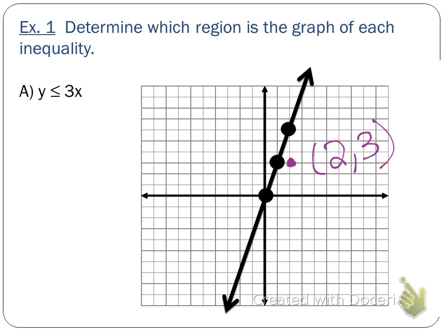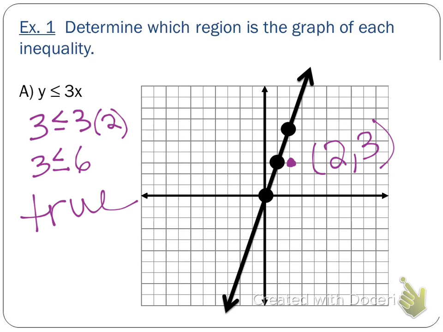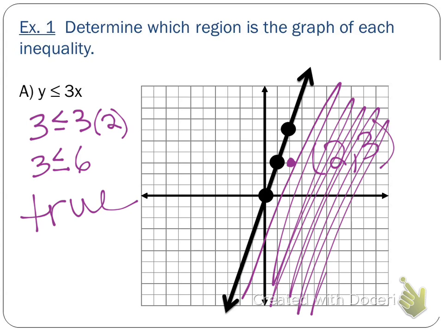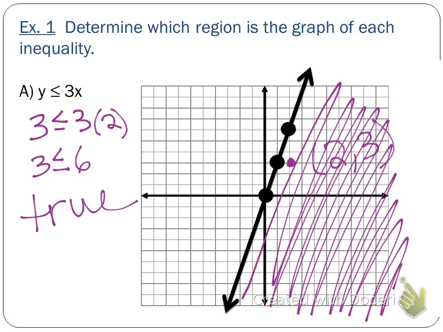So I'm going to replace the y value with a 3, the x value with a 2. Do the math. Is 3 less than or equal to 6? Yeah, this is a true statement. If you get a true statement, color it in. That whole side. If you would have gotten a false statement, you color in the other side.